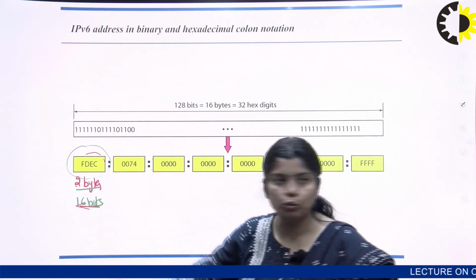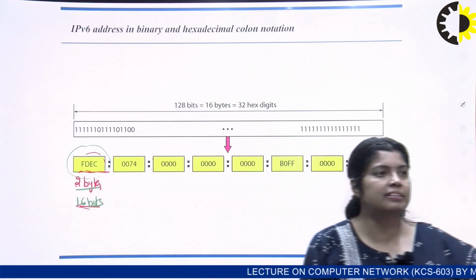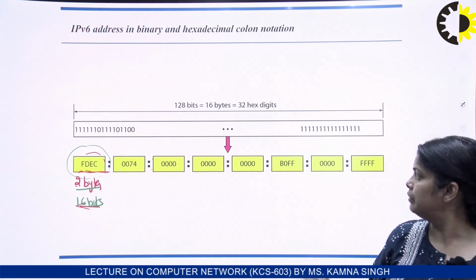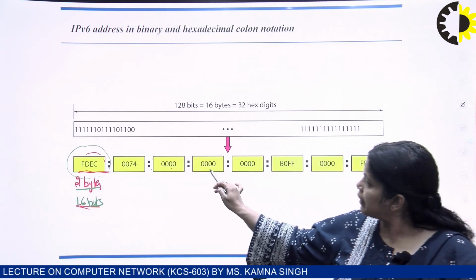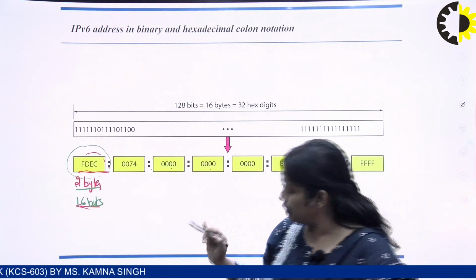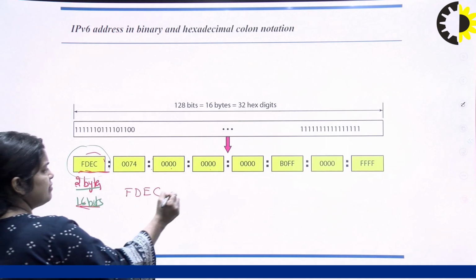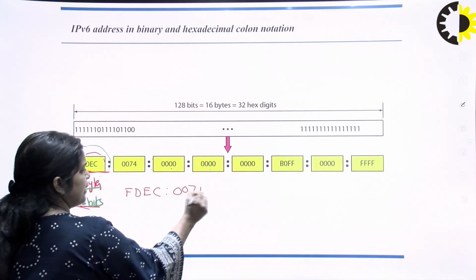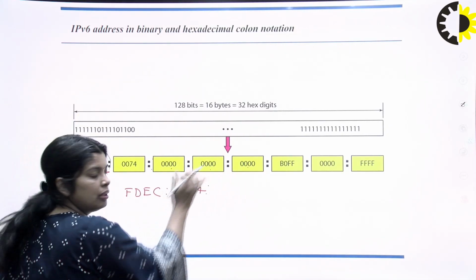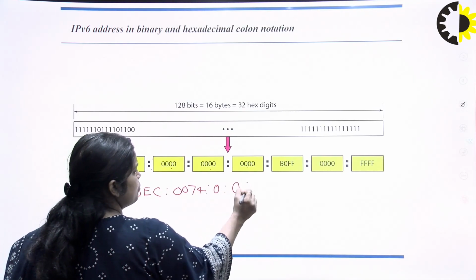The first is 2 bytes, so one particular value is 16 bits, separated by a colon. Also, if continuous zeros are there, you can write it in a simplified form. For example, FDEC, then 0074, that is fine, but here there are 3 fields of zeros, so you can write it like 0, next 0 and next 0.